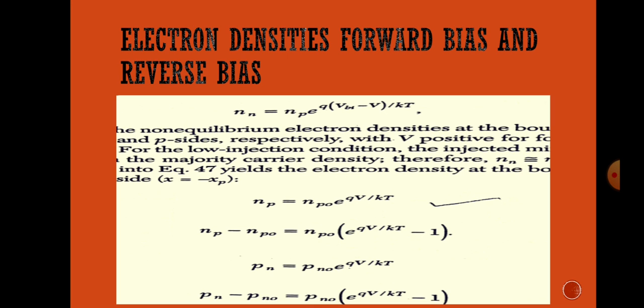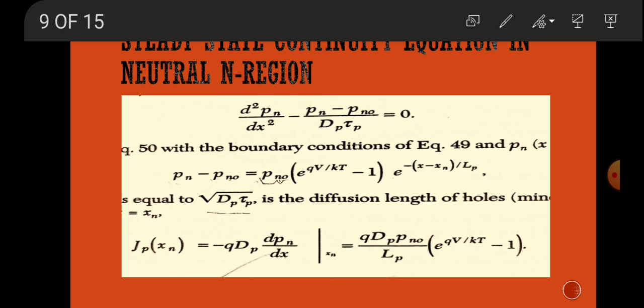Under our idealized assumptions, no current is generated within the depletion region and all currents come from the neutral regions. In the neutral N region, there is no electric field and thus the steady state continuity equation will yield d squared Pn by dx squared minus (Pn minus Pn0) divided by Dp tau p equal to 0. This is the continuity equation.